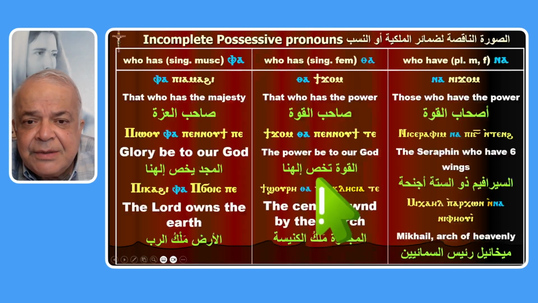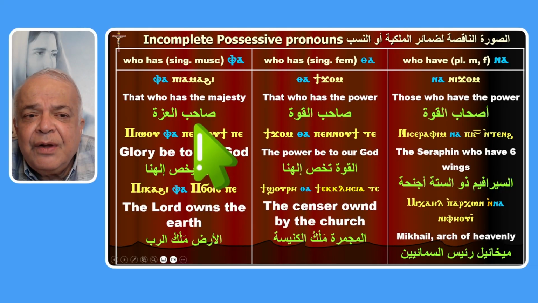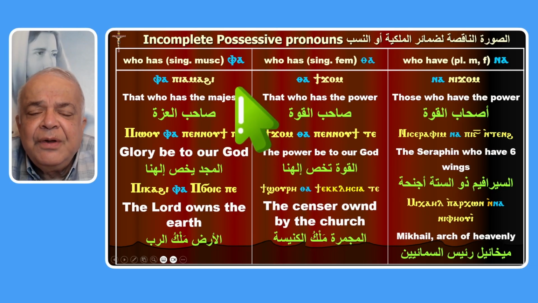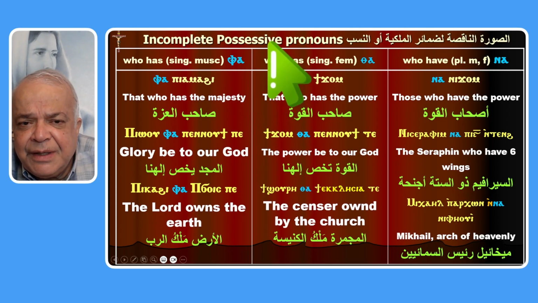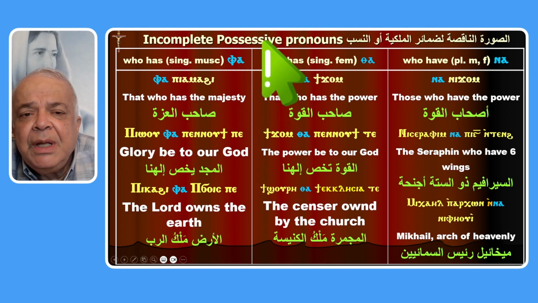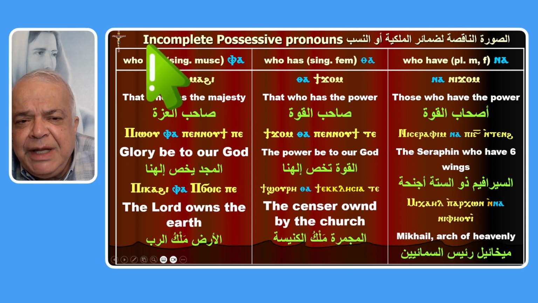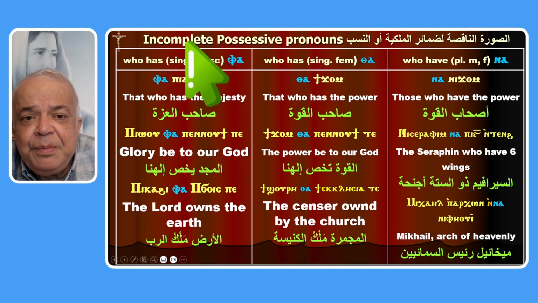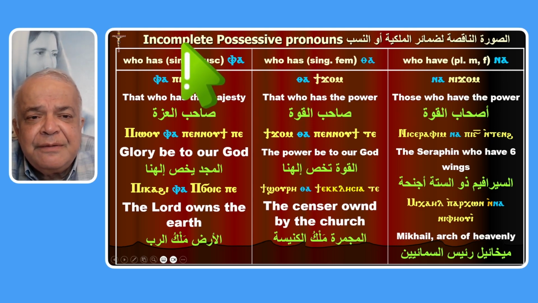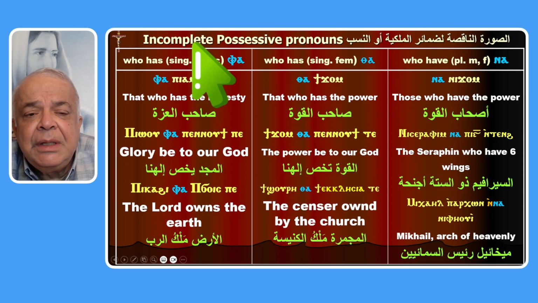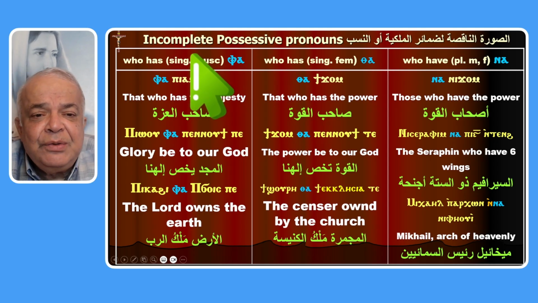Okay, let's go now to the fourth way of presenting a possessive function by using what we call incomplete possessive pronouns. Incomplete means it doesn't take the full shape of the possessive function, but it gives you the same meaning.